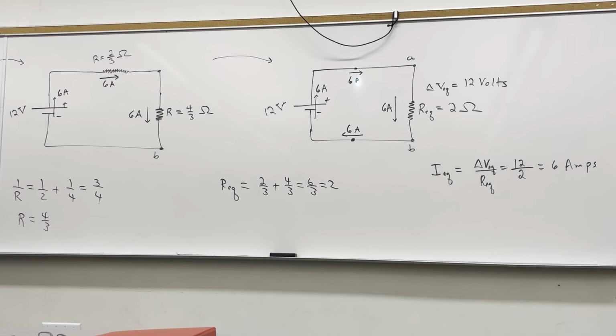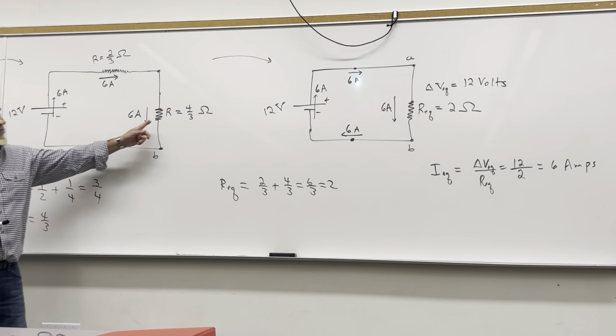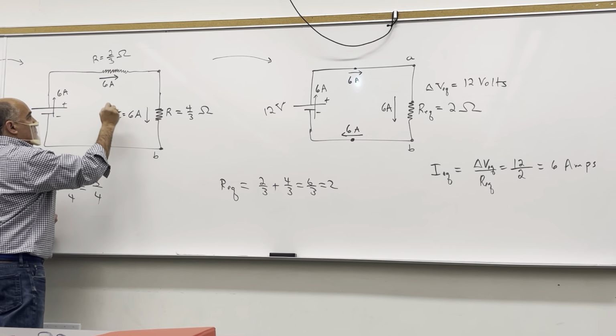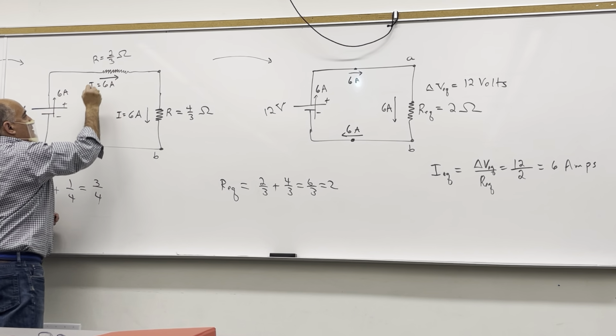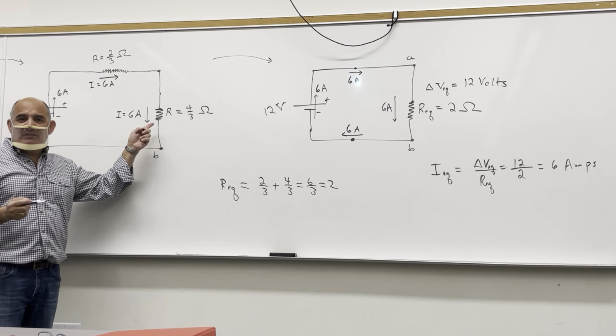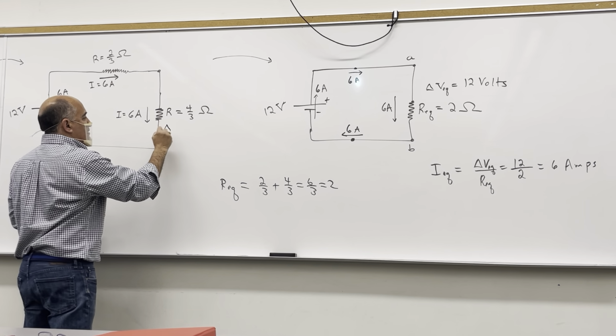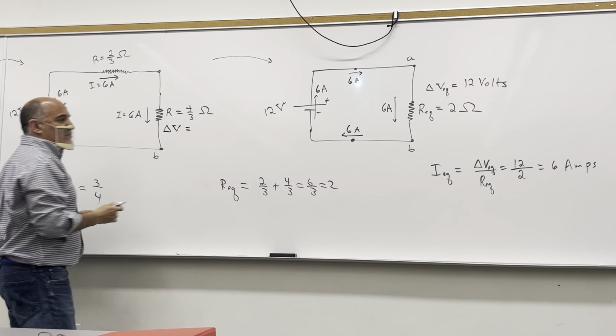Yes? Now, if I know any 2 quantities, I can figure out the missing quantity, right? For this resistor, I know the resistance and I know the current. So what am I missing? I'm missing the voltage, right? How do I figure out the voltage?